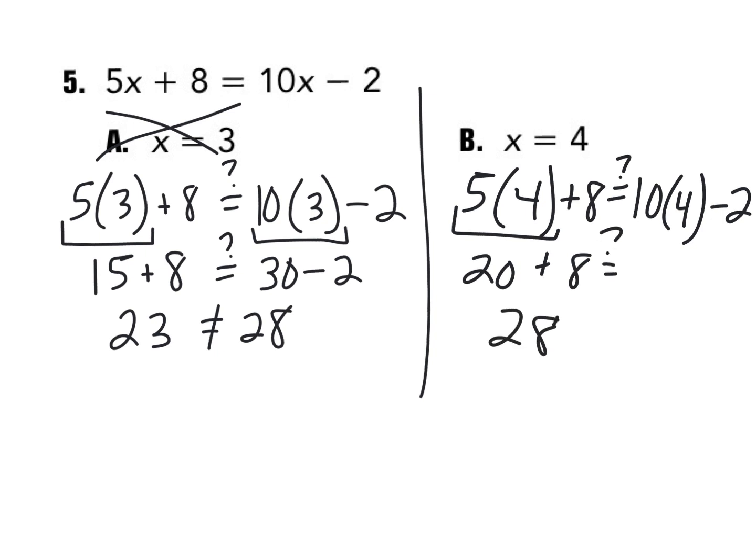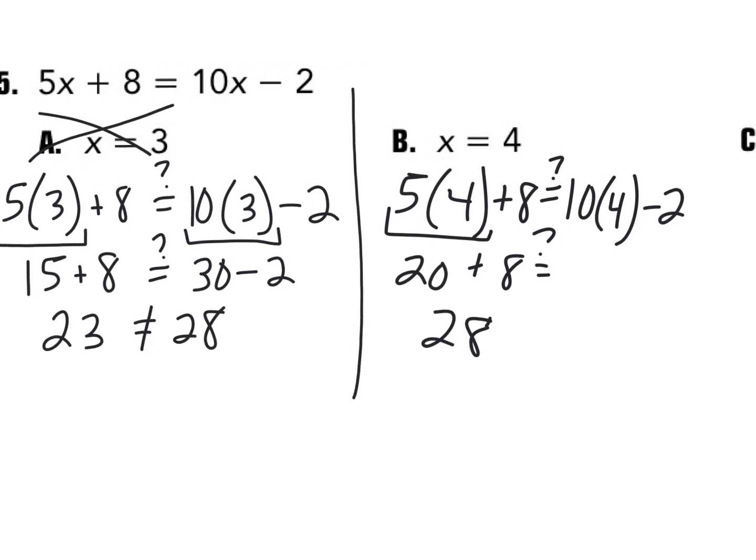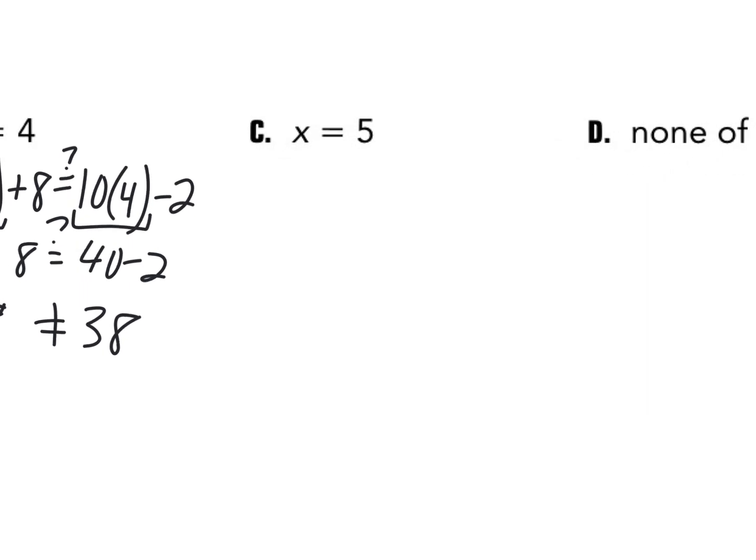It's up to you as you do these if you want to just go all the way down on one side, finish it out, and then work out the other side, or if you want to work them out simultaneously. So on the right side, 10 times 4 is 40. 40 minus 2 is 38. So that doesn't work.